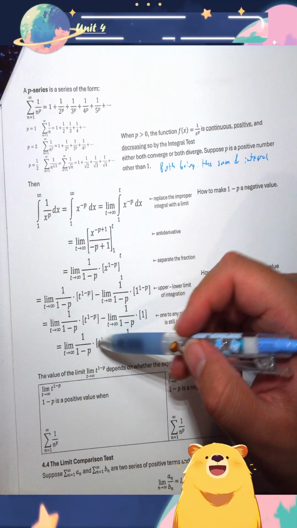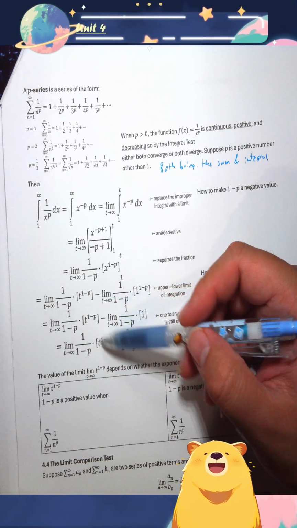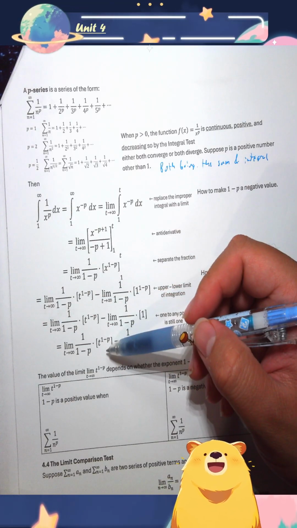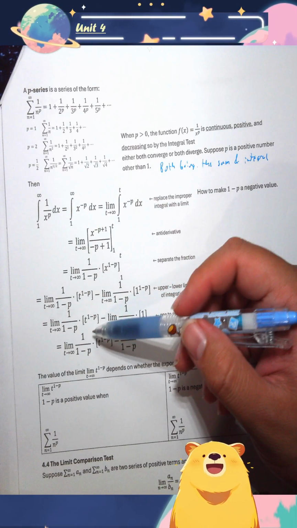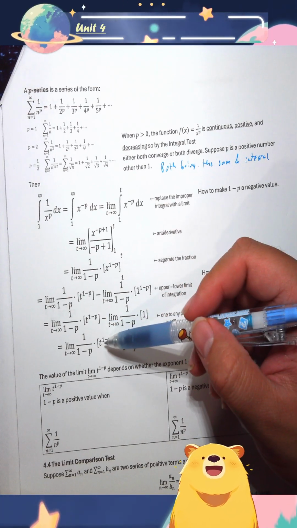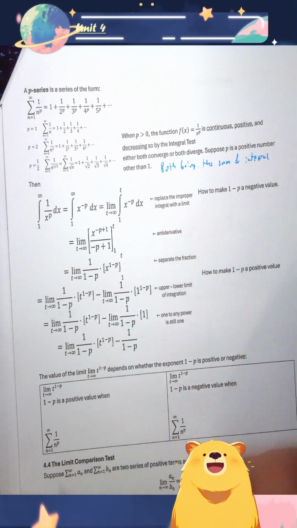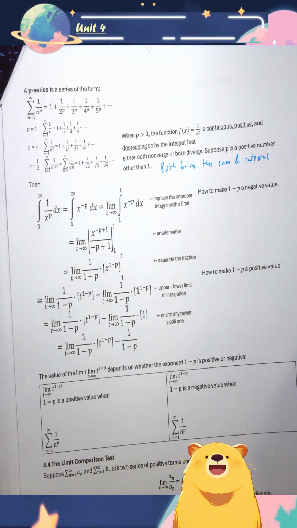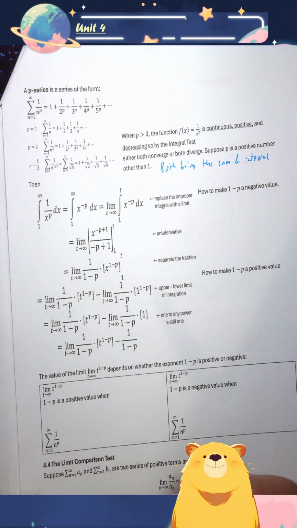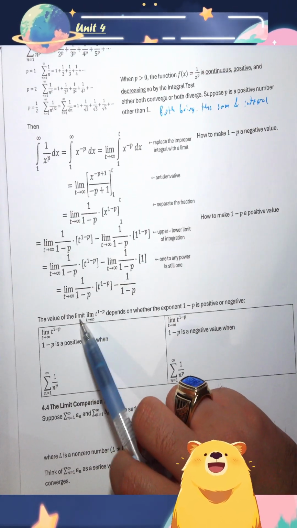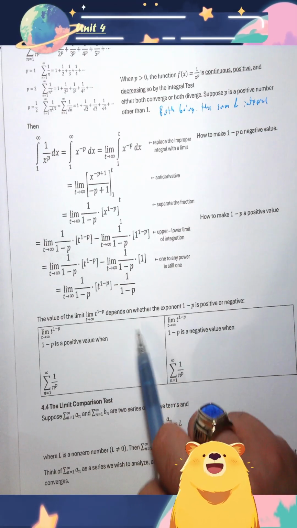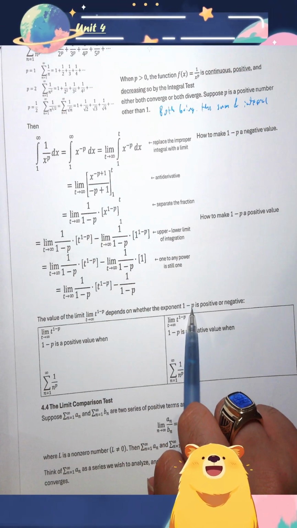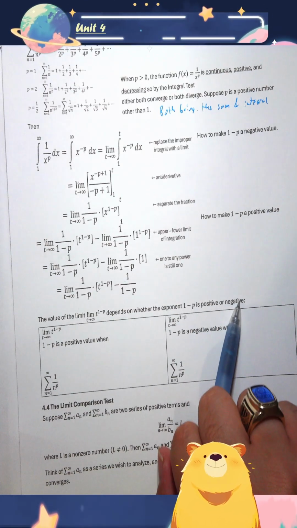And then for here, you are forced to not really evaluate this any further. Because while you can evaluate this limit, we left p to be arbitrary. It's just a positive number that is not 1. The value of the limit right here depends on whether the exponent 1 minus p is positive or negative.